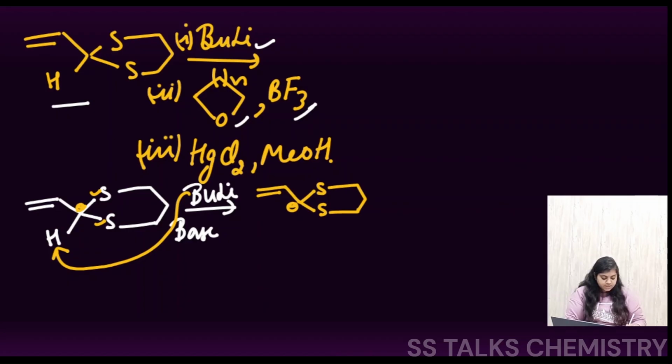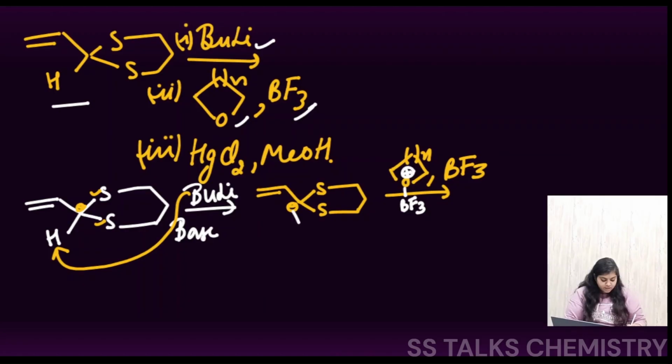Now in the second step we have this ring. An oxetane type of ring is there, but here n number of carbon atoms are present in the ring, and here will be the BF3. With the help of BF3, a Lewis acid, this oxygen will be protonated.